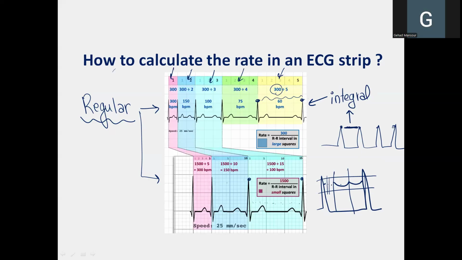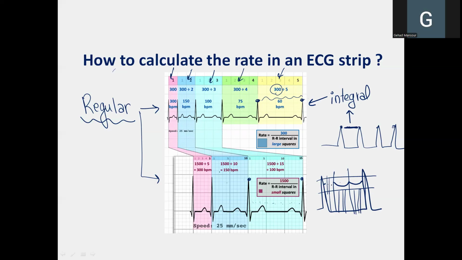It is as if you had 2.5 big squares. So in such a case, since you don't have a round number of big squares, like one big square, two big squares, three big squares, but you have two and a half, two and a third, you had better count the number of small squares and not the number of big squares between two successive R peaks.